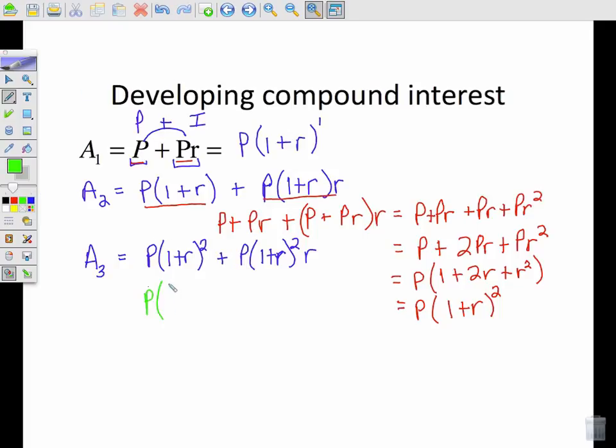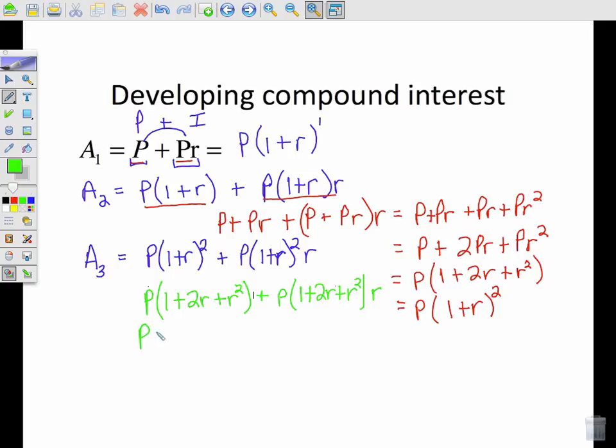All right, we've got P times 1 plus R to the second, which is 1 plus 2R plus R squared, plus P times, again, 1 plus 2R plus R squared, and we still have it multiplied times that R.